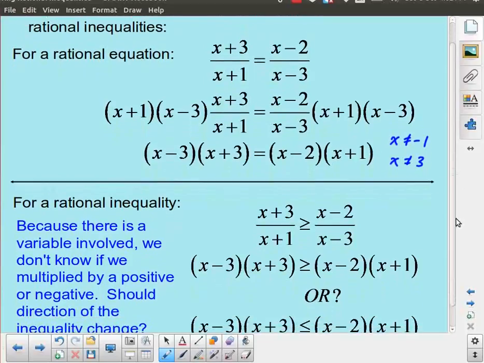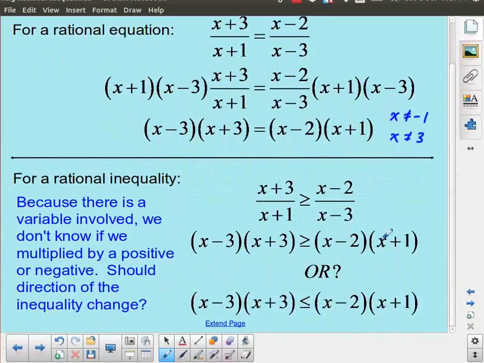Now, why does that work for an equation but not for an inequality? I've got the answer over here in blue. If I try to multiply both sides by x plus 1, x is a variable. x can take on a range of values. So I don't know if I'm multiplying by a positive or a negative number.